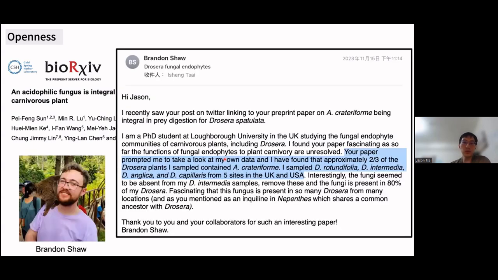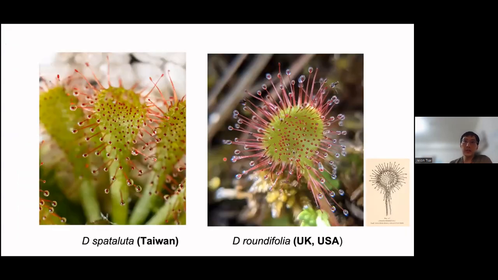A PhD student, Brandon Shaw from Loughborough University in the UK, later sent an email mentioning that Aquodontium was also present in 2/3 of his samples across multiple species. This resulted in a collaboration with metabarcoding data available in multiple Drosera species, including Darwin's favorite, Drosera rotundifolia.